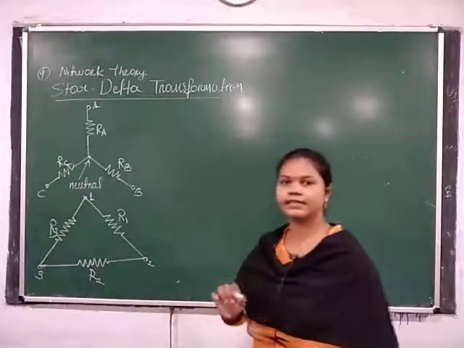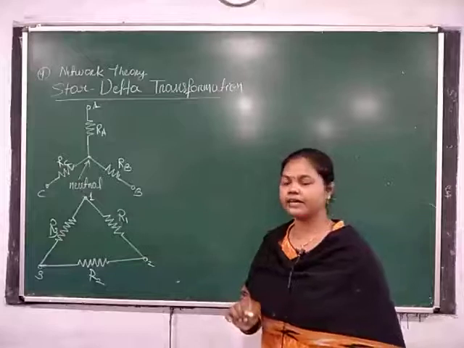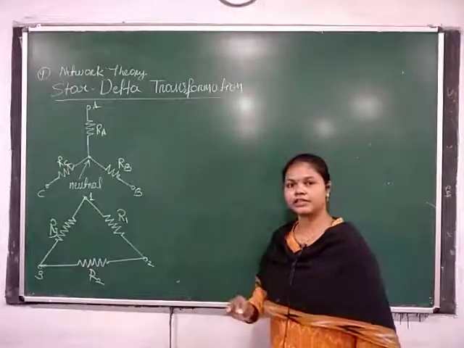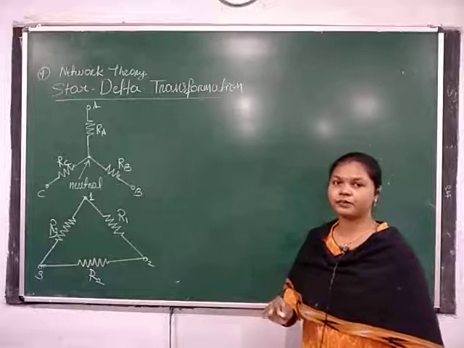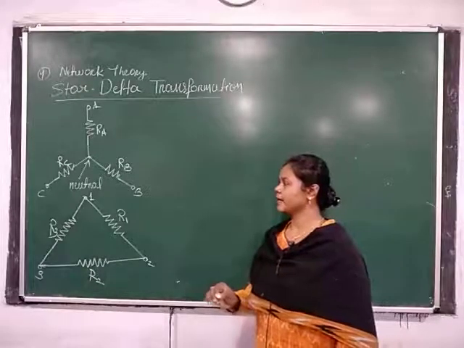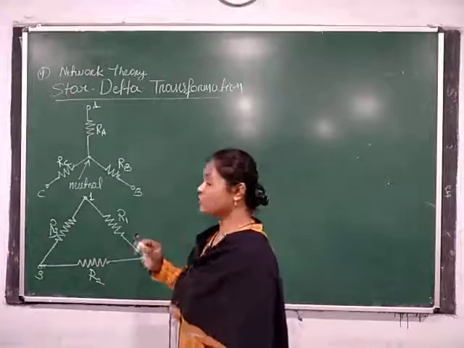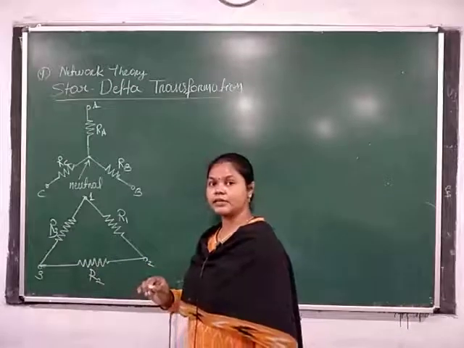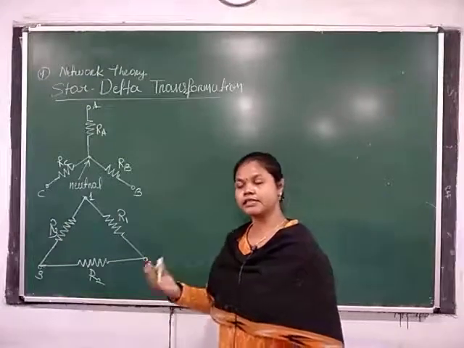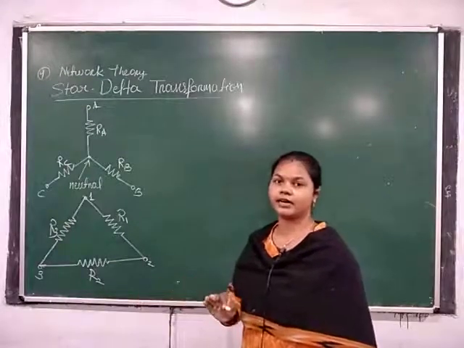The similarity is that as star and delta connections are the different configurations used in a 3-phase system, their equivalent resistance between any two terminals, whether in star or in delta, is equal.